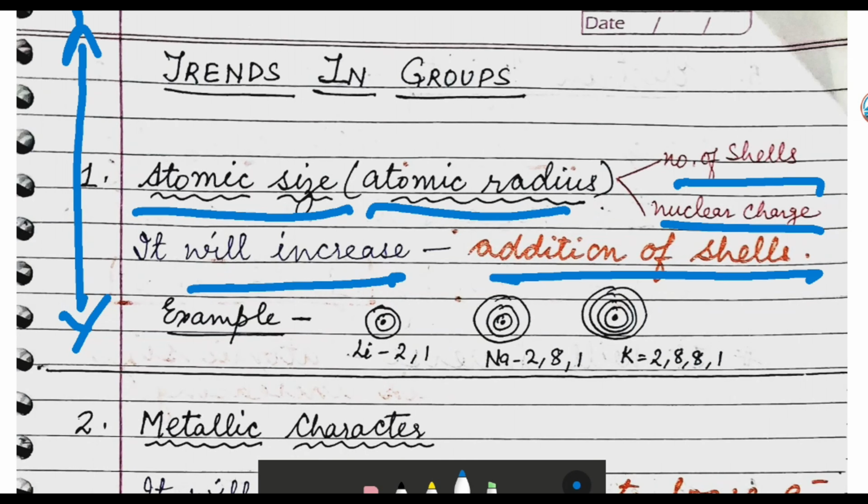Because of the number of shells. Here you can see lithium has 2 shells, here 3 shells, and here 4 shells. So as the number of shells increases down the group, the atomic size increases.